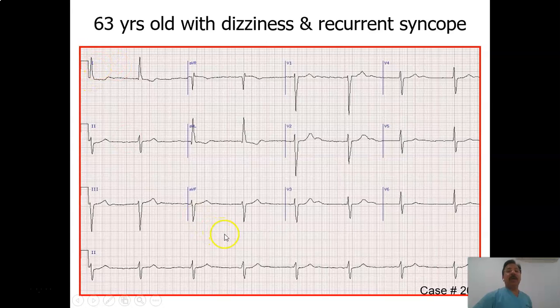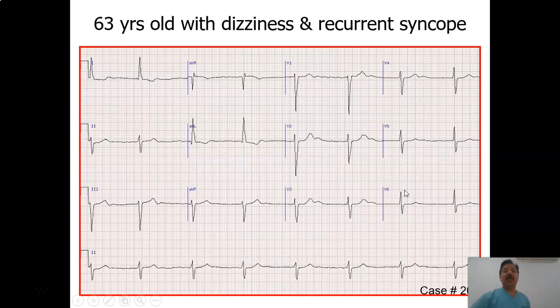There is left axis deviation as lead 1 is positive and AVF is negative. Hypertrophy, difficult to comment on atria because no P waves are seen, but if you see the ventricles, 1, 2, 3, 4, 5, 6, 7, maybe left ventricular hypertrophy.